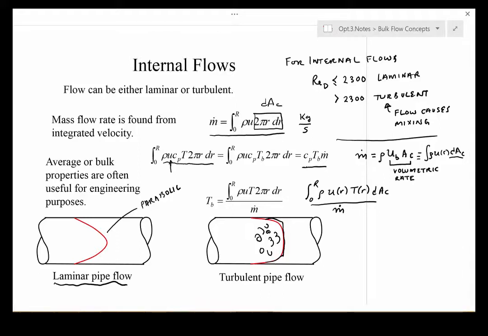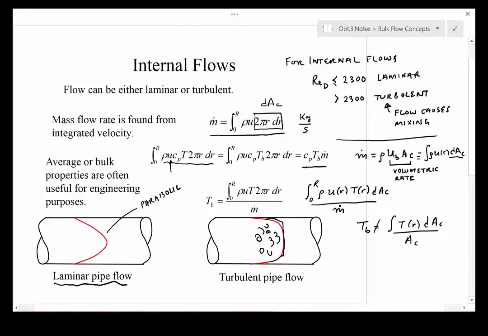I need you to understand that the bulk temperature has the velocity profile in it. It's not simply an area average. So a common mistake students make is to think that the bulk temperature is just equal to the temperature distribution integrated over the area and divided by the area. This is not true. This is not the case.